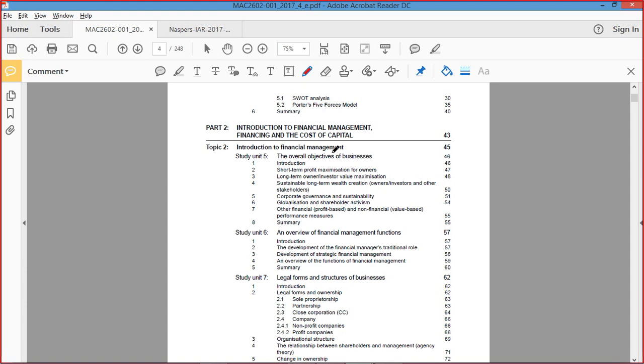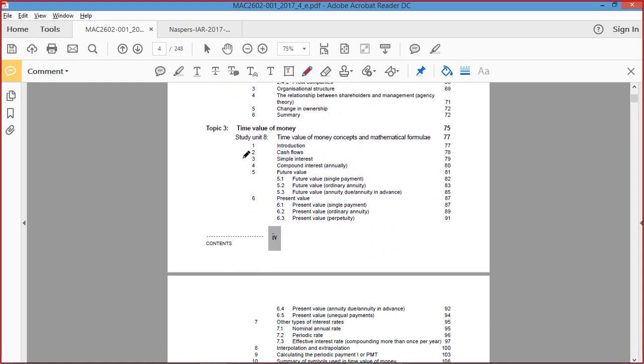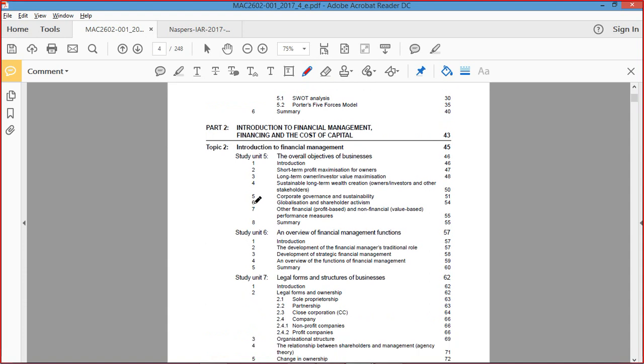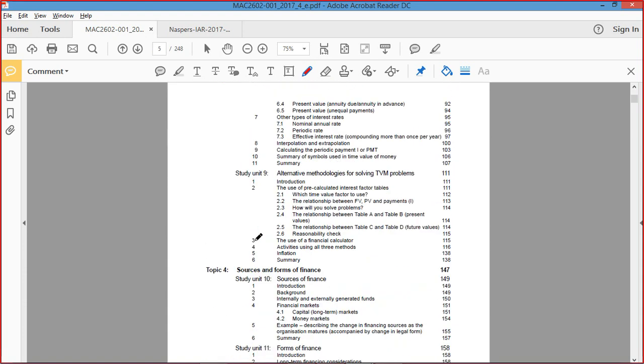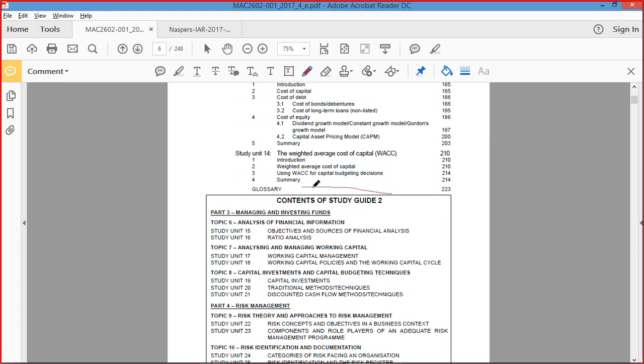So there's a little bit of calculations there, time value of money, looking at principles around how to calculate or budget. There's quite a few calculations in terms of ratios and analysis, and we'll look at all of that. That would be topic 2, part 2. Then you've got topic 3, and then a breakdown of the next study guide, which is study guide 2.